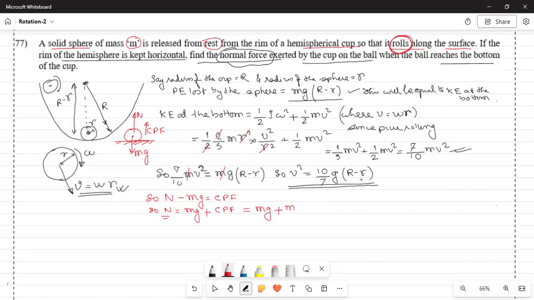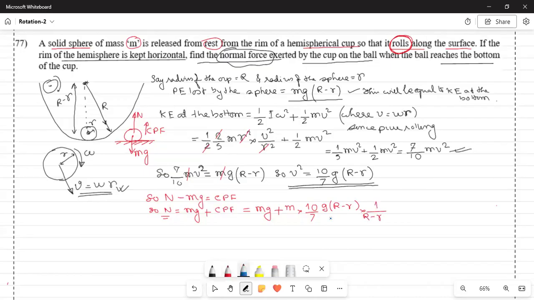V square we have already got is 10 by 7 g into capital R minus small r, and this is divided by the radius of rotation. Here the radius of rotation is capital R minus small r.